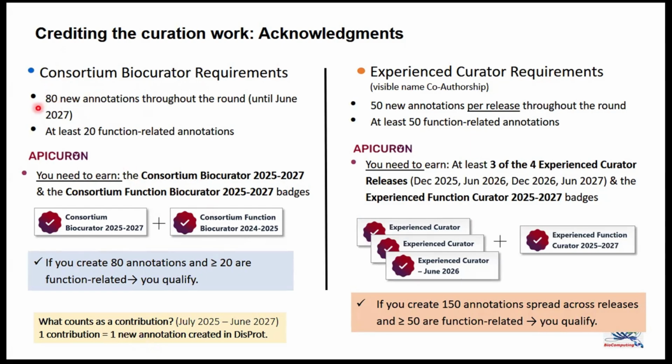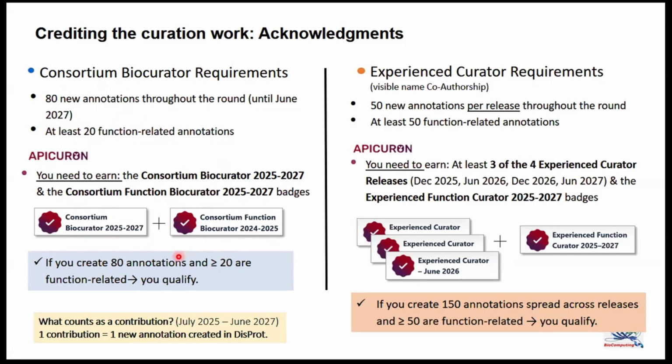But if you do 80 new annotations throughout the round until June 2027, and at least 20 of those are function related, you could be a consortium biocurator. If you go into APICURON, you are going to be able to see these two milestones, if you achieve them, with two badges: the Consortium Biocurator 2025-2027, and the Consortium Function Biocurator, which is going to be granted to you if you create 20 function-related annotations.